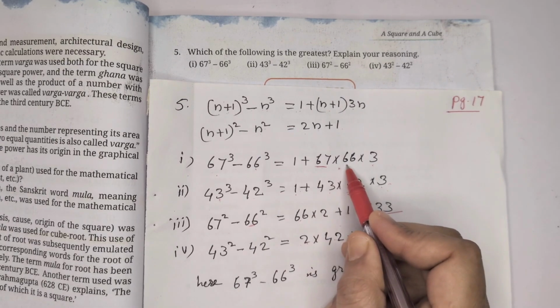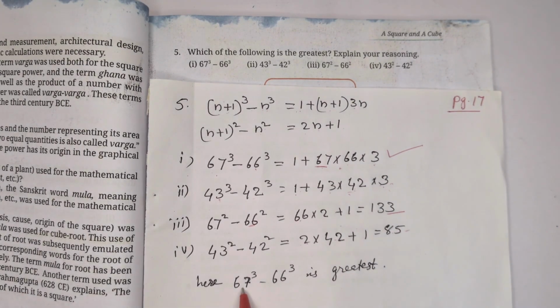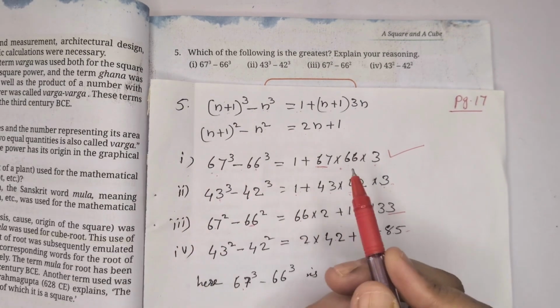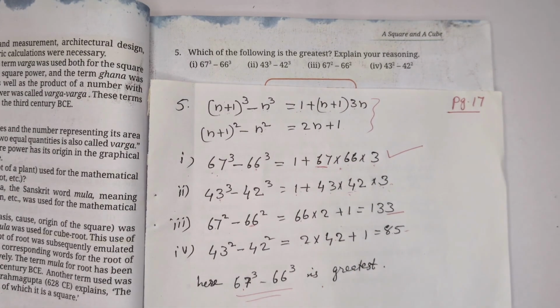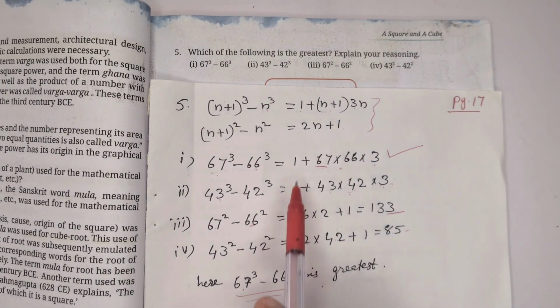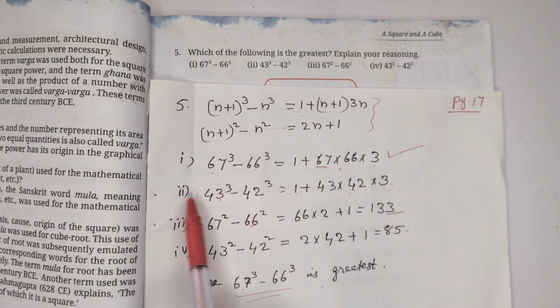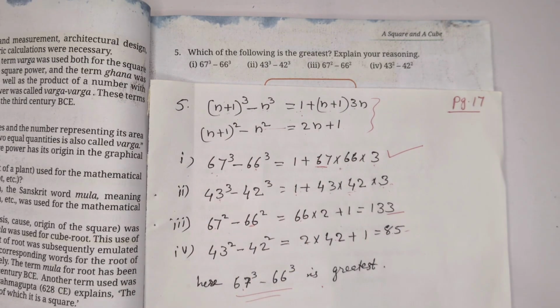Here 67 into 66 into 3. So this is the bigger number. We can write that the first one, 67 cube minus 66 cube, is the greatest. This is the rule of that. For that to solve, in place of cube, we have to take 1 plus (n plus 1) into 3 into n. For squares, that is 2n plus 1.